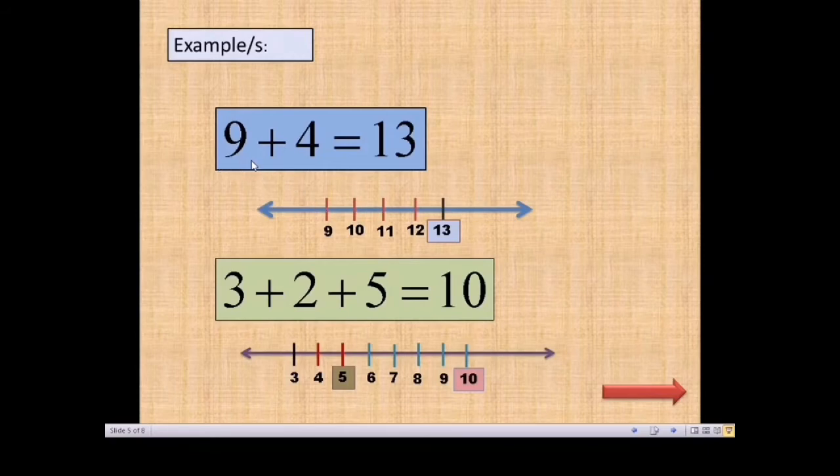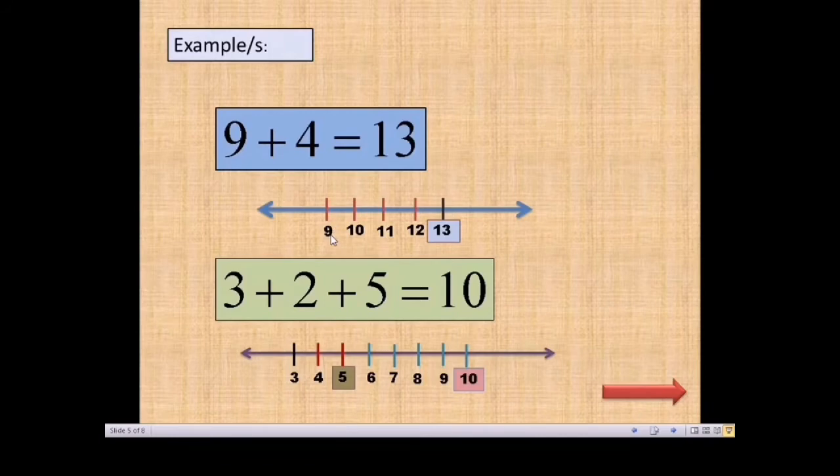Using the number line, plus 4 means we will move 4 to the right, or 4 lines to the right. From 9, we have 1, 2, 3, 4. So that is 4 moves.